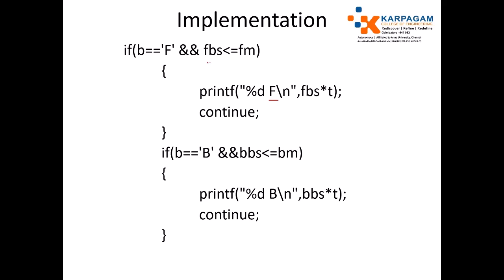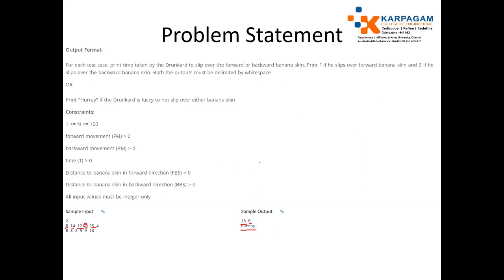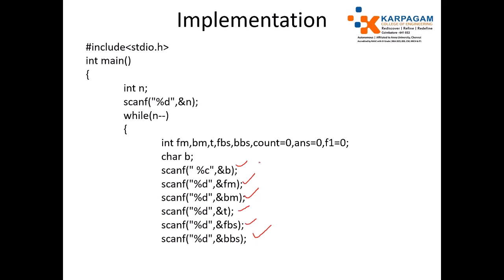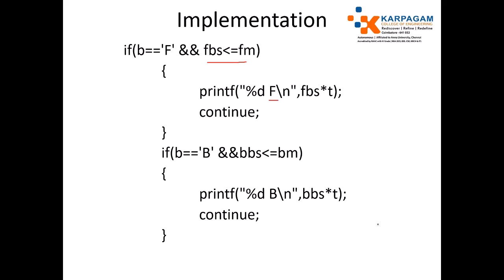If FBS is less than FM, just multiply FBS with T. It's very simple. And if the direction is equal to B and BBS is less than or equal to BM, meaning the magnitude of the backward movement is greater than the distance to the banana skin in the backward direction, just simply multiply the distance in the backward direction with the time value.